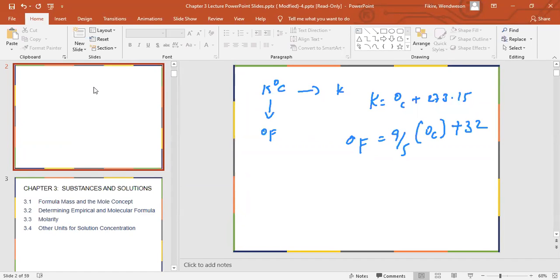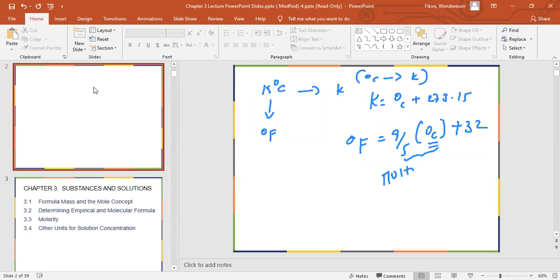So, converting from Celsius to Kelvin, it's straightforward. You can convert it right away. But something like Celsius to Fahrenheit, you have to multiply 9 over 5 times Celsius plus 32. One thing that we also have to take into consideration when you do a mathematical operation is to do the multiplication part first.